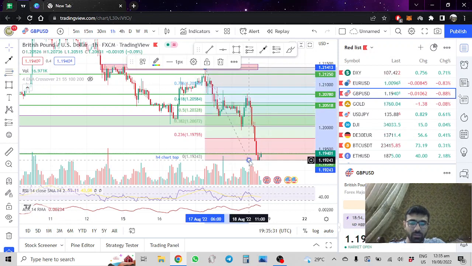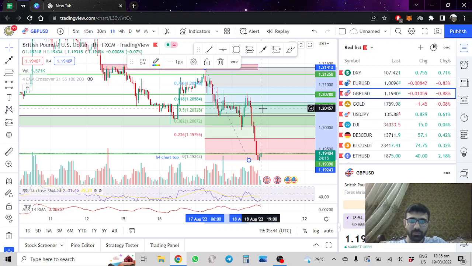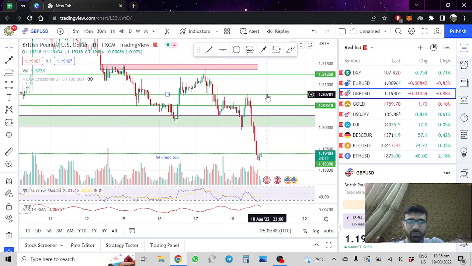From here to half of this area, it says that it could test this zone, 1.203. So you have to make sure the market could retrace to this level. This is an area of interest as well, and if the market respects this zone, then we can go short again from here.